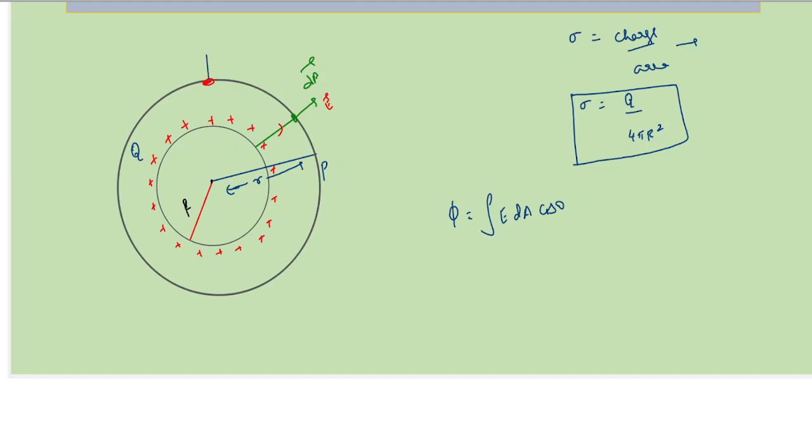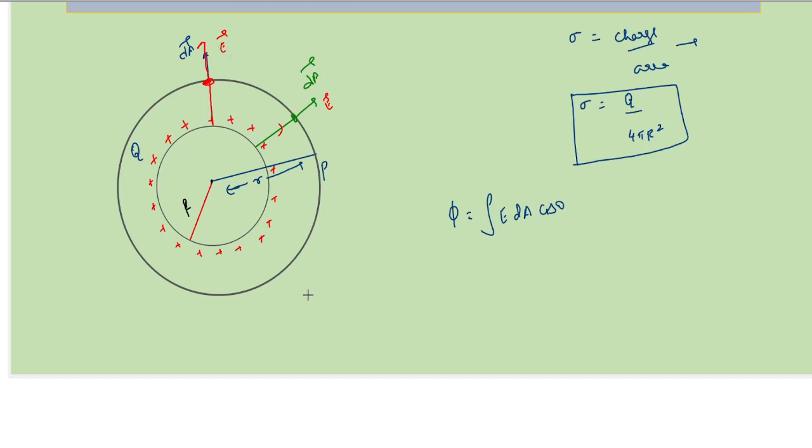We call it dA. Similarly, the electric field from here would also be going radially outwards. So again, the electric field and area vector are in the same direction.